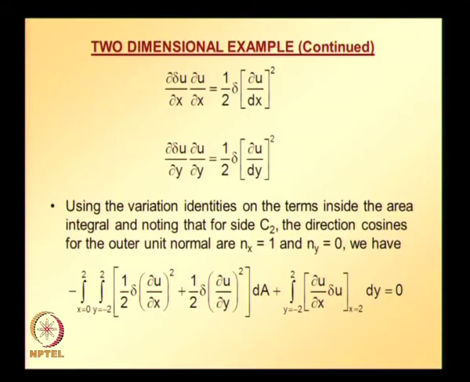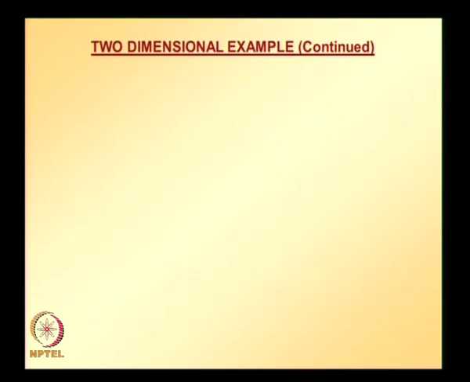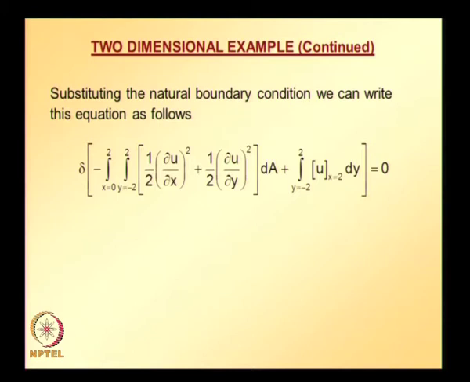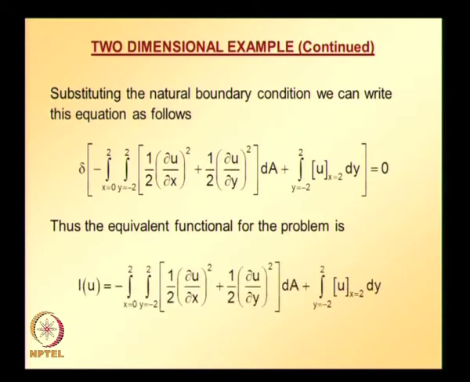That information is already given as a part of the natural boundary condition. So, substituting the natural boundary conditions along C2, we can write the previous equation like this. We can take the variational operator outside and we get this equation. So, the equivalent functional for this problem is whatever is inside the square bracket.